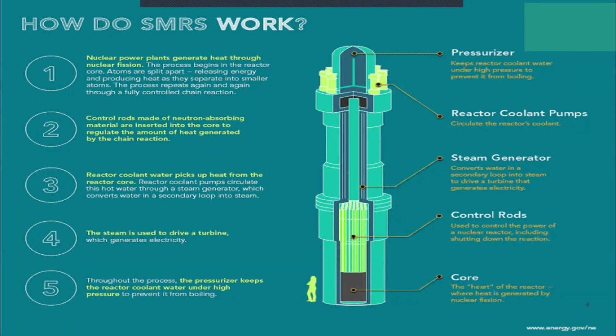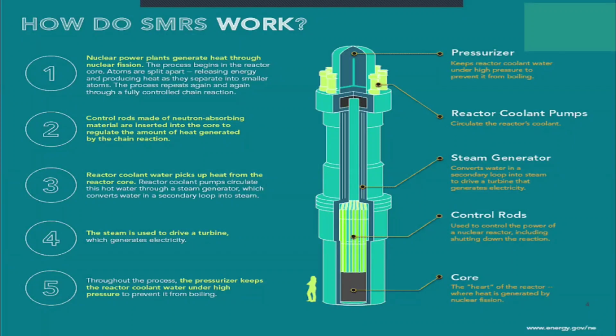So as the atom is split, it produces energy. That energy is mainly heat energy, and this happens at the core of the small modular reactor. Its size as compared to an atom, as compared to the anatomy of a human, is shown in the diagram in the presentation. At the core is where the fission happens.